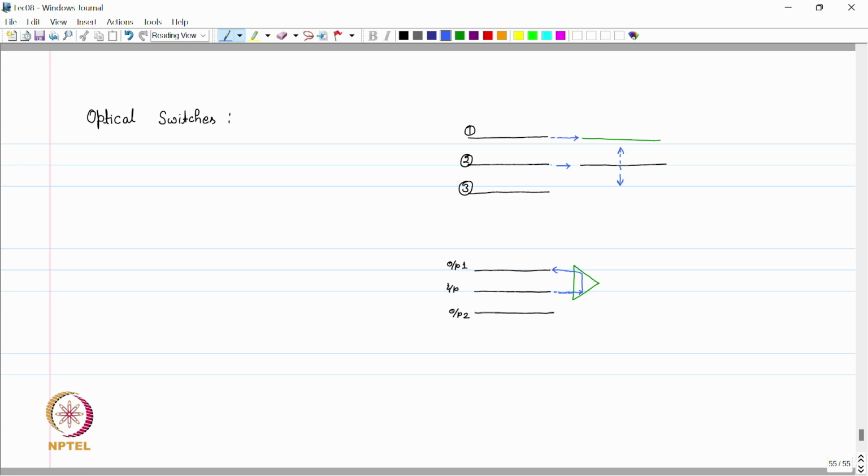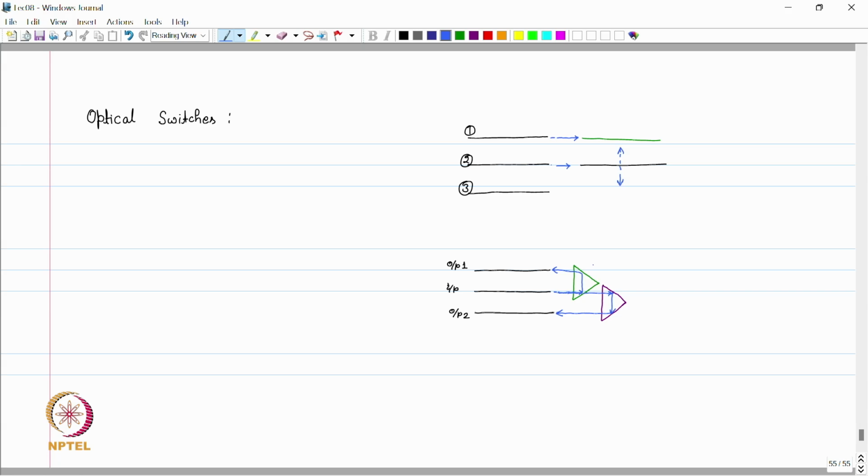In another case, we can physically move this prism in the downward direction, and let us say this is the second case where we move this prism something like this, and now the wave is coupled to this prism, goes down and is coupled to output 2.